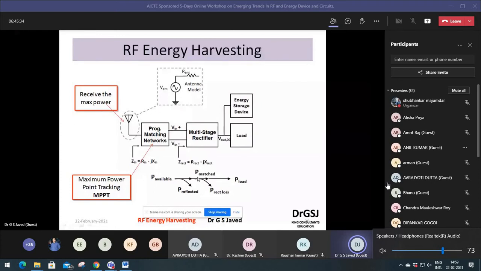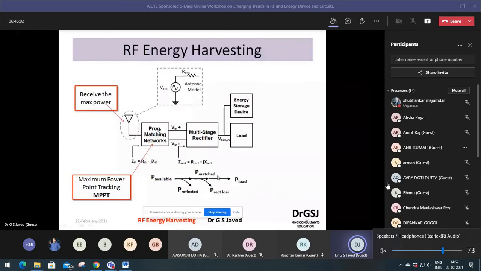Further, when we go from the matched source into the load and do rectification, there is some amount of rectification loss, and then it passes through to the load. So effectively, the total power received or harvested, which is called P load, over the P available, gives us the efficiency of energy harvesting.